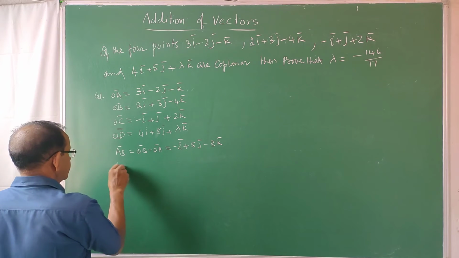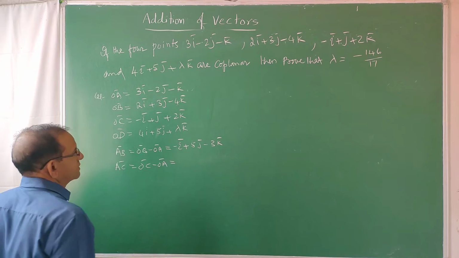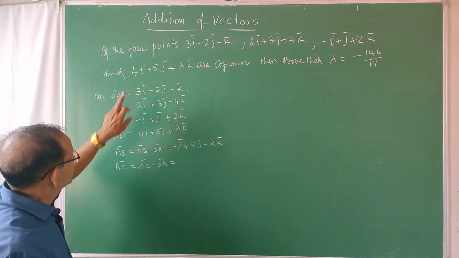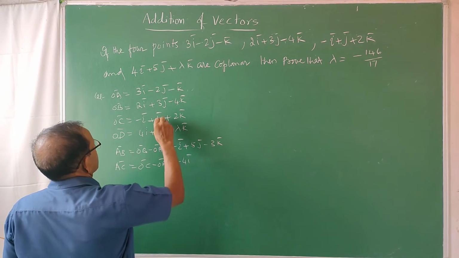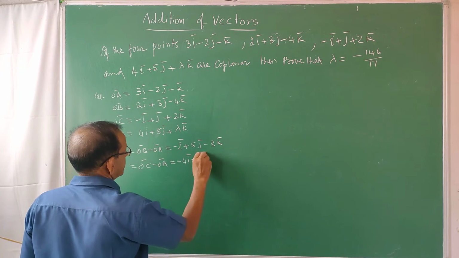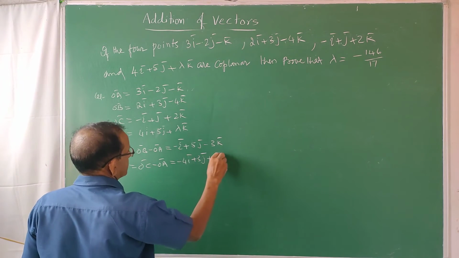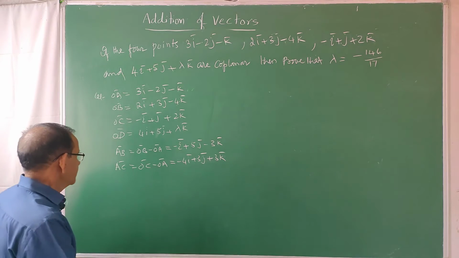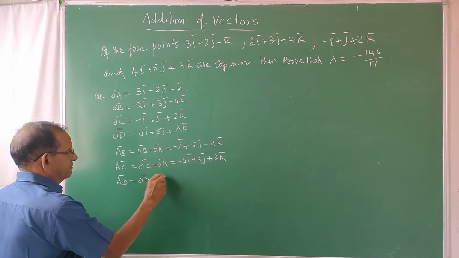Next AC bar, OC bar minus OA bar. Third minus first: minus I minus 3I, that is minus 4I bar, J bar minus J bar, 3J bar, and 2K minus K plus 3K bar. Next AD bar, OD minus OA.